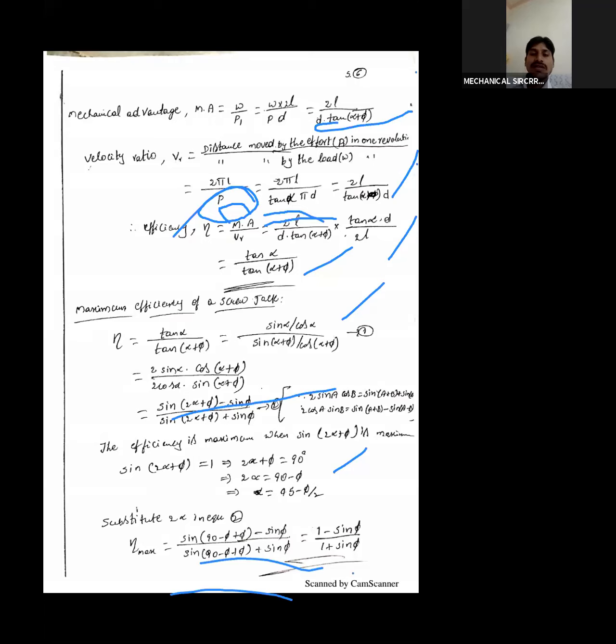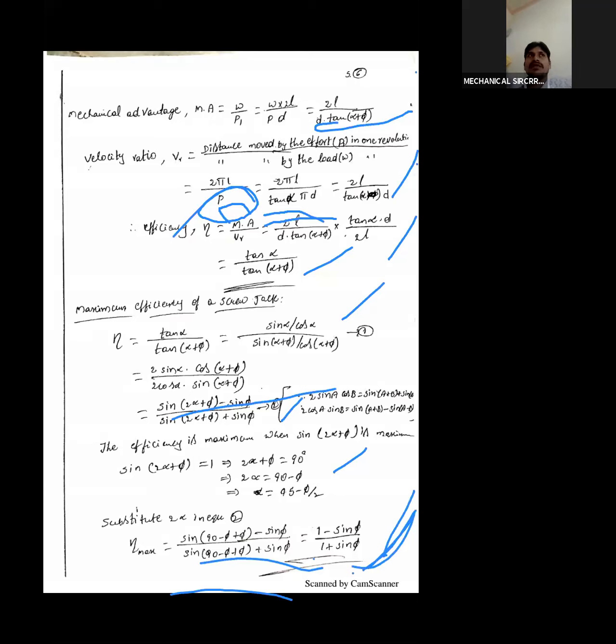The minus pi and plus pi cancel, and sine 90 means 1. So we get 1 minus sine pi by 1 plus sine pi. That is the maximum efficiency of the screw jack.